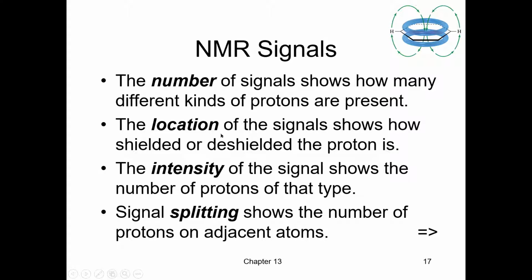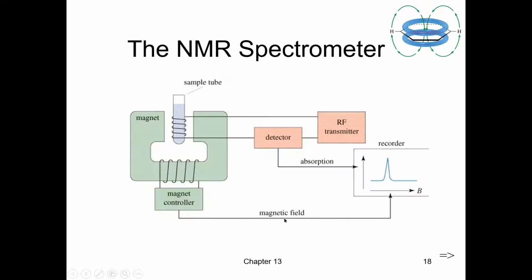So these are the key points one has to bear in mind while analyzing the NMR spectra. That is, how many signals are obtained, the position of the signal, then height of the signal or intensity of the signal, then the splitting of each signal.